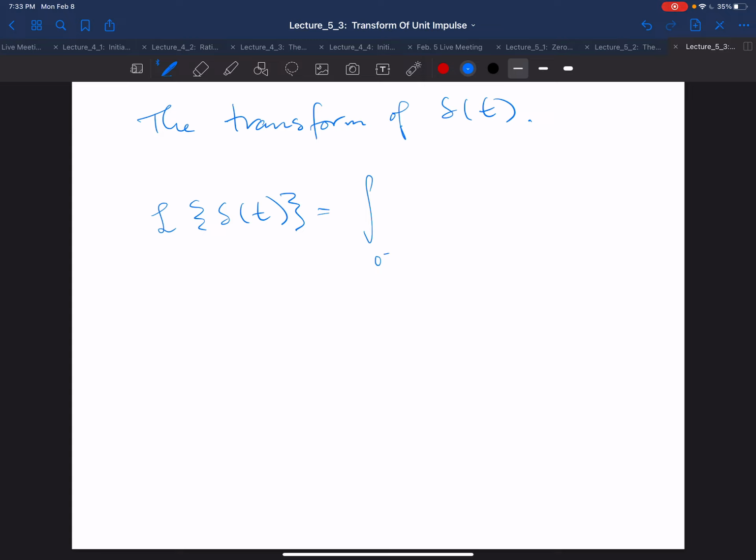Well, let's take the unilateral transform, and it's because of essentially this unit impulse function that we use 0 minus as our lower limit of integration for the unilateral transform. We can't actually start right at 0, because we want to be able to integrate over the 0 width, if you like, of this unit impulse function.